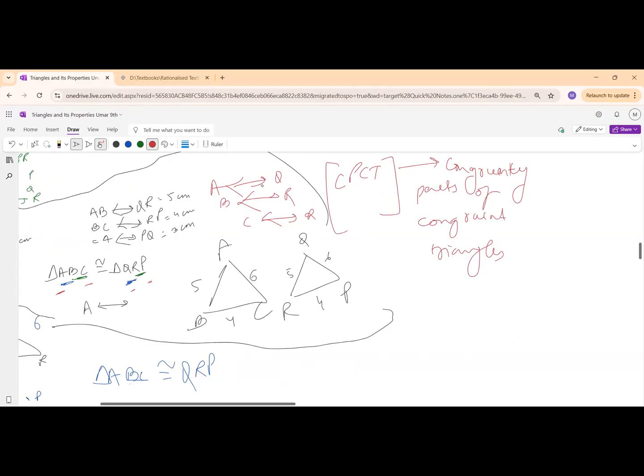But when the 3 sides are equal, we directly prove it. You learn that in the criteria of congruency, that when we have 3 sides, we can prove them congruent. Once we have proved them congruent, then the other parts are also congruent. That is why we write CPCT in the bracket, which means congruent parts of congruent triangles. It means these parts are also congruent because the triangle is congruent. Got it?